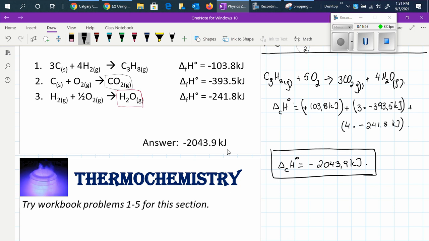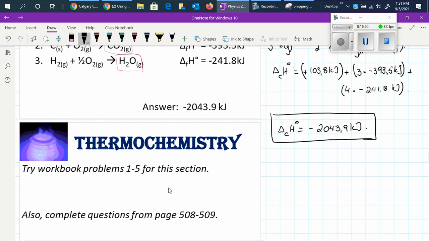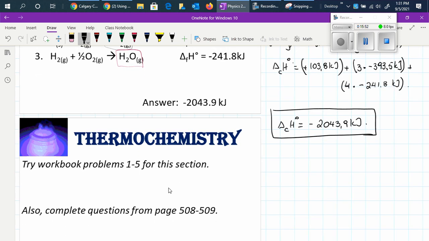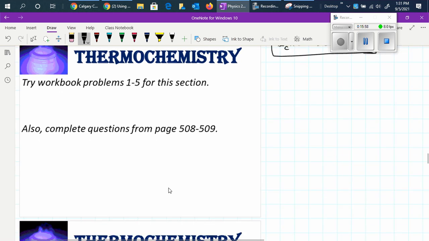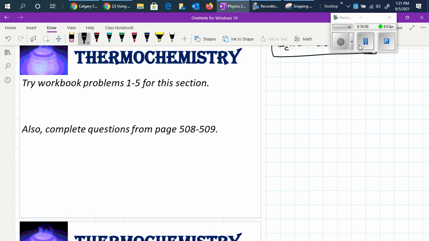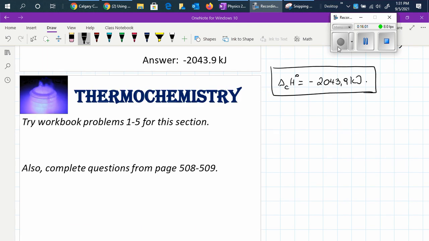So now, as it suggests here, try questions 1 to 5 in your workbook, and also in your textbook, pages 508 and 509. Also in class, we will try a lot of Hess's law problems. But just keep in mind that the focus will be the focus equation that we want.